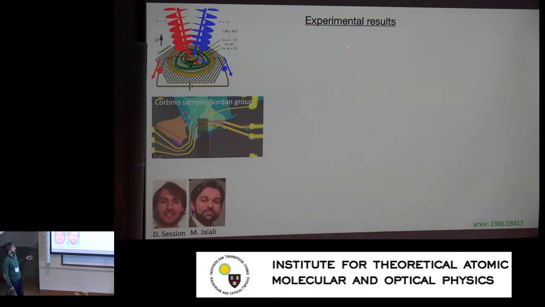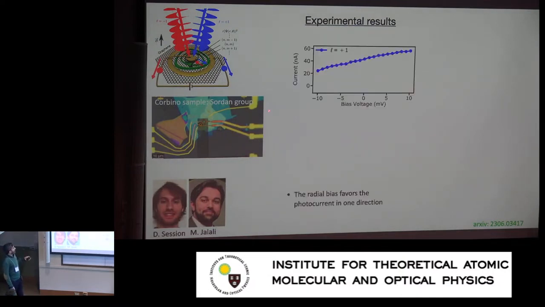vorticities. So these are experimental results. You can look at the radial current. This is the radial current as a function of bias voltage. We also apply a radial bias voltage. You can think of it in the beginning that it would be 0. And now if you switch the vorticity of light, you will see that the photocurrent changes and they're different.